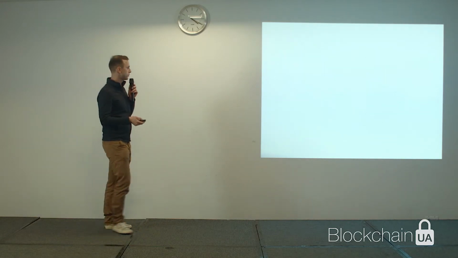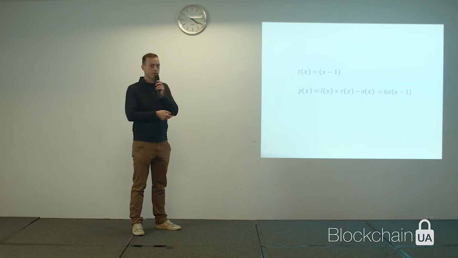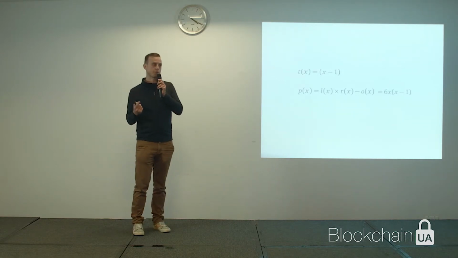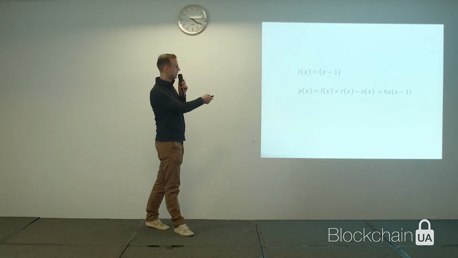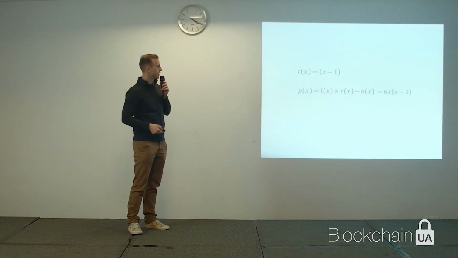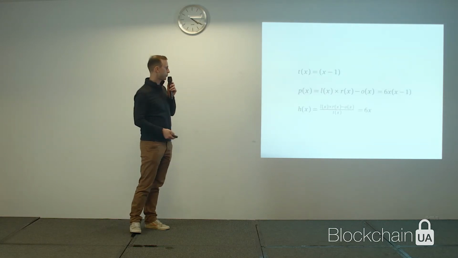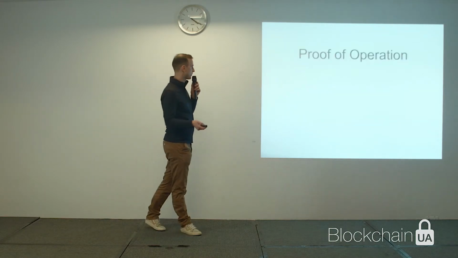This is a nice property. This means that the cofactor polynomial in this case, for one operation, will be x minus 1, and it's easy to find the other part of the polynomial.